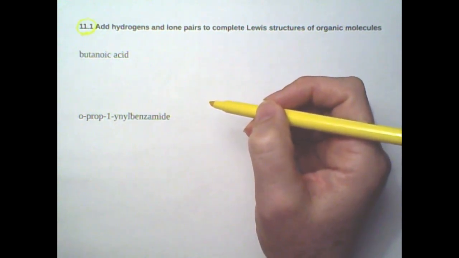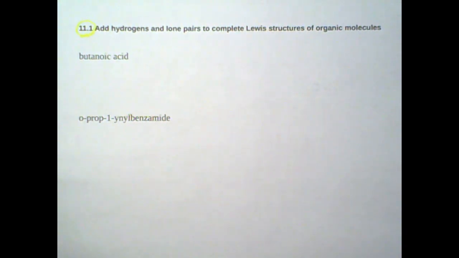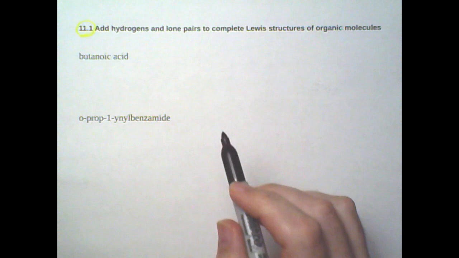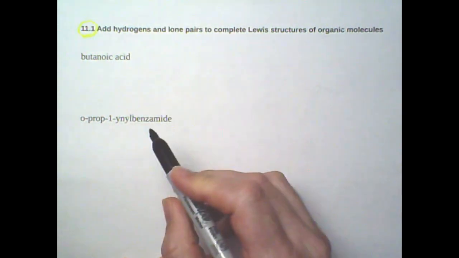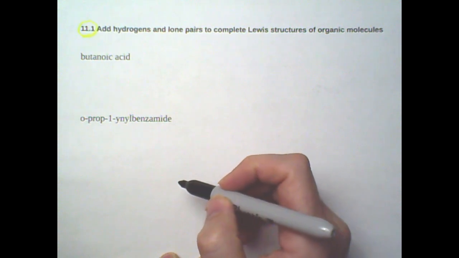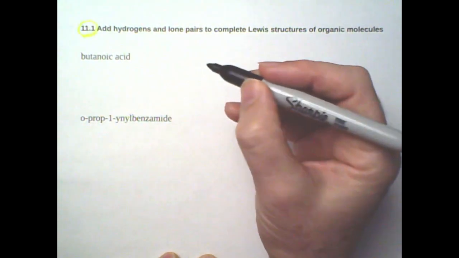And as we go along, start pausing the videos and trying them yourself before you see me do it. So this objective is simply adding lone pairs and hydrogens to incomplete Lewis structures. But we're going to keep practicing some of the other parts.